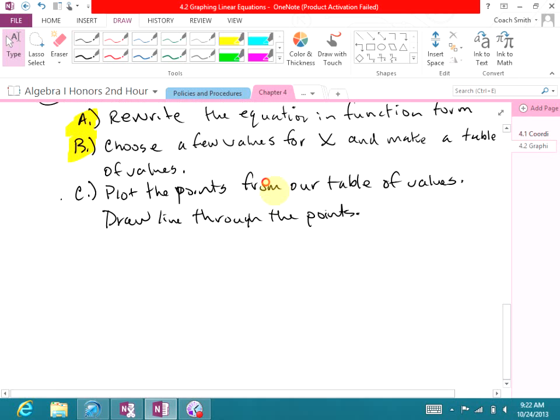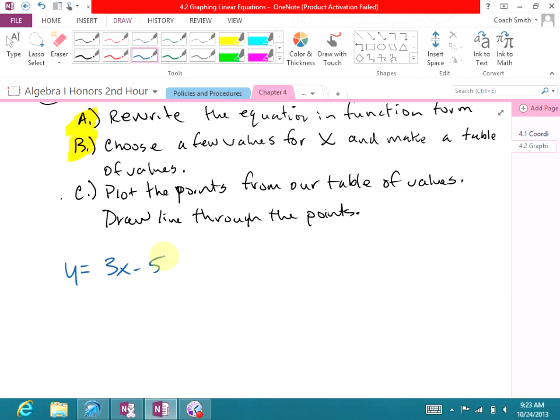All right, so let's look at this problem. Y equals 3x minus 5. Now, this is the part that, for some reason, students tend to get confused on.